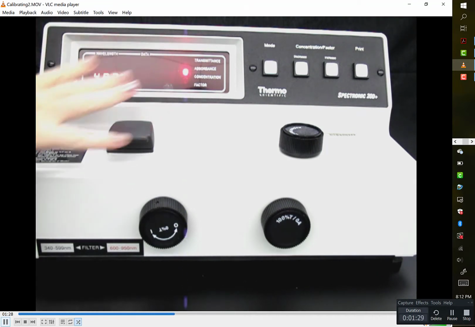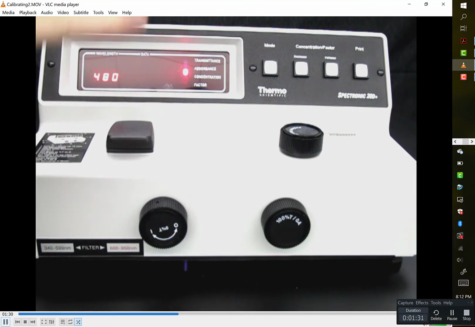I need to tell the machine that we're basically, think of it like taring the scale, right? When we are weighing something on the scale, we need to zero out the scale before we begin. Same thing when we use our spectrophotometer. We need to zero out or blank out the solution that the beads are in, so that is showing the machine that that represents no pigment.